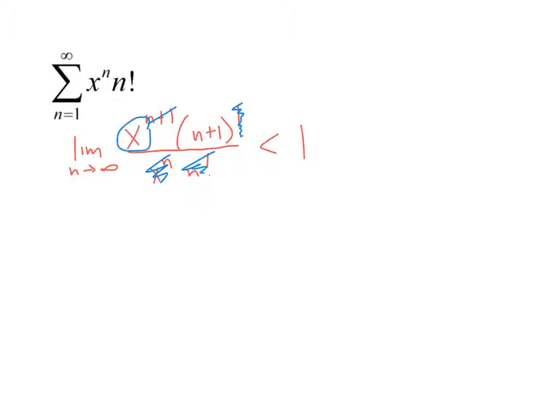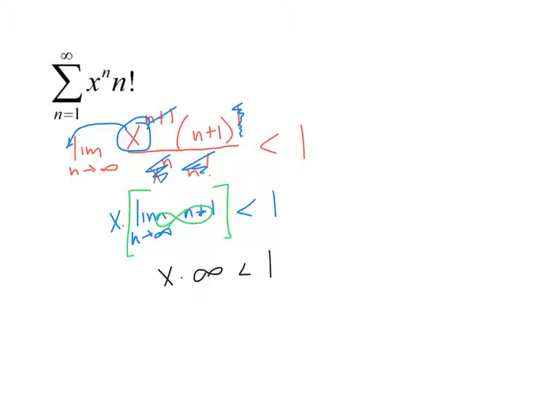So remember, I take the stuff that isn't with an n, I pull that out front like a constant. So I've got x multiplied by the limit as n approaches infinity of just n plus 1. This limit is infinity. So x multiplied by infinity is less than 1 or greater than negative 1.